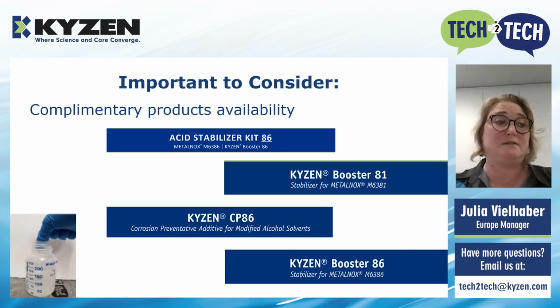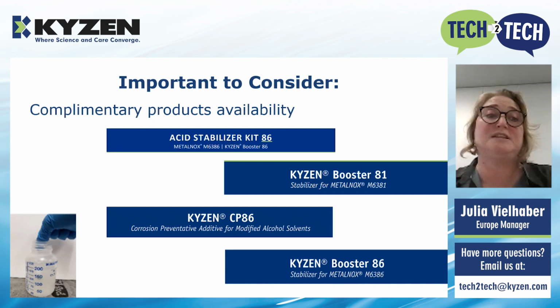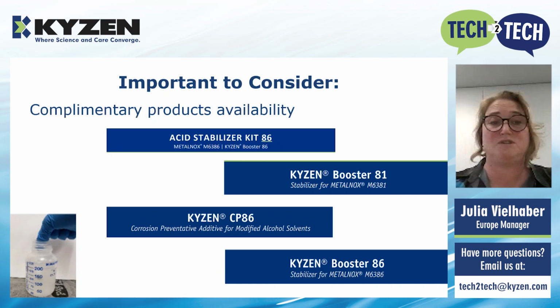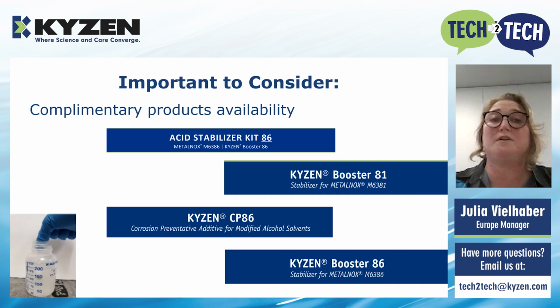Perc is inert and easy to maintain, while hydrocarbons and modified alcohols are more sensitive and sometimes require additional additives to prevent corrosion and chemical changes. The availability of those complementary products, tailored to their respective cleaner, is an important factor on the way to an environmentally and worker-friendly cleaning process.